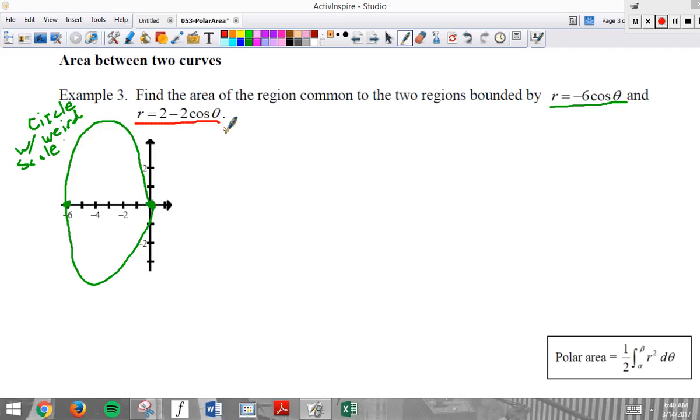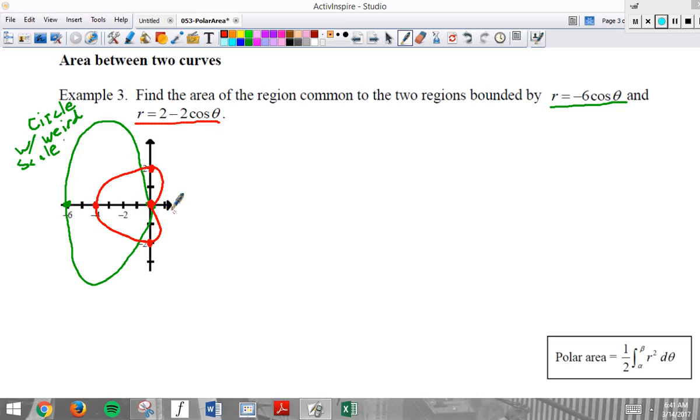And again, for limaçons, I just graph 4 key points. Theta equals 0, I get 0. Pi over 2, I get 2. 3 pi over 2, I get 2. And then pi, I would get 4. No inner loop. Just this ugly looking guy.